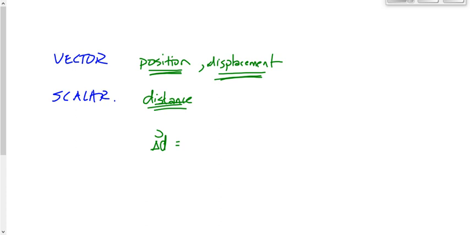Yep. Add them up. If I'm given displacements, if I'm given how far I've gone, then you're going to add them up. So we're going to say, in this case, it would be delta d1 plus delta d2. Let's say we add displacements.